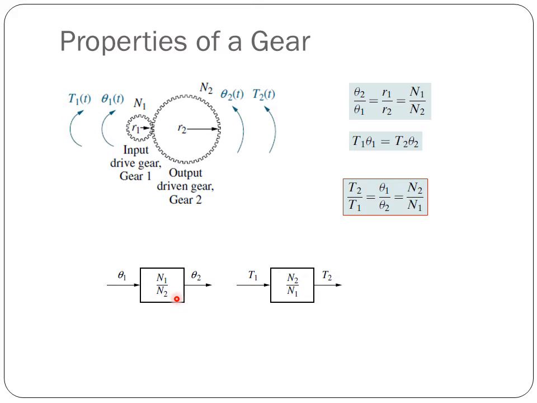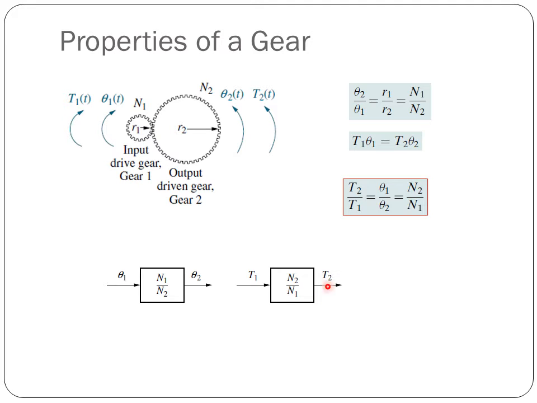This theta 1 is being changed to theta 2 by this ratio. If you multiply N1 by N2 with theta 1, we get theta 2. Similarly, if we multiply T1 with N2 by N1, we get T2. So the system input is torque T1 and the system output is torque T2.